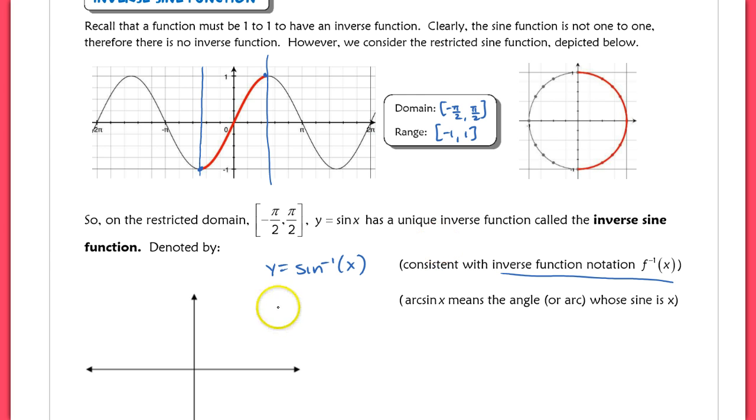We also can denote that as y equals the arc sine of x. This notation actually comes from the association that we make with the central angle and the intercepted arc on the unit circle. So arc sine of x means the angle or arc whose sine is x, the angular arc measure whose sine is x. We will see either of those interchangeably throughout this section.